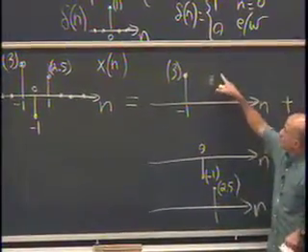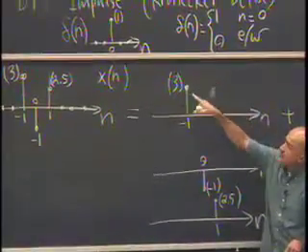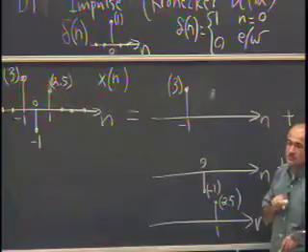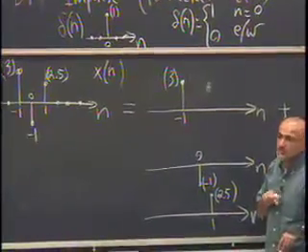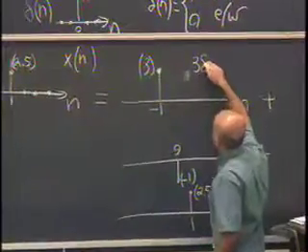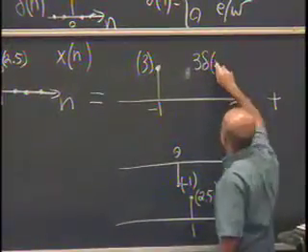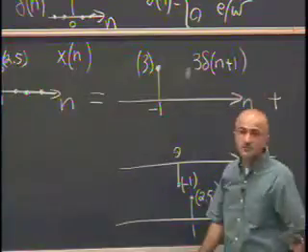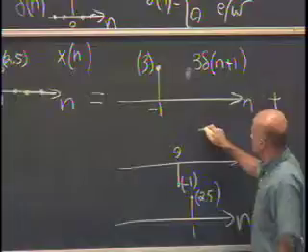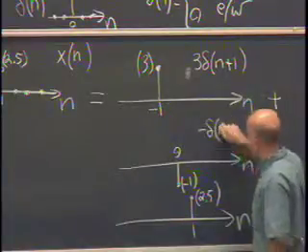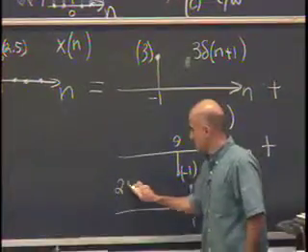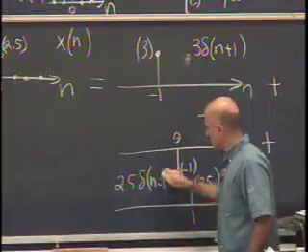Now, if you were to use the symbol delta to specify what this function is, what would you say? I would say this is 3, so I take 3 in the bottom, multiply that by delta, and since it's shifted from the origin, I do n plus 1. N plus 1. Very good. And this one? Very similar, -1 times just delta n. And this one is 2.5 delta n minus 1.